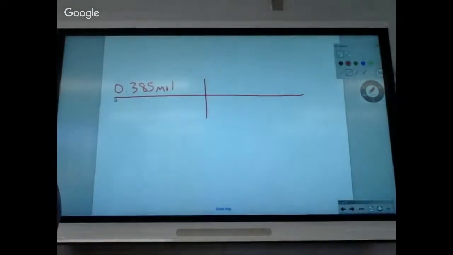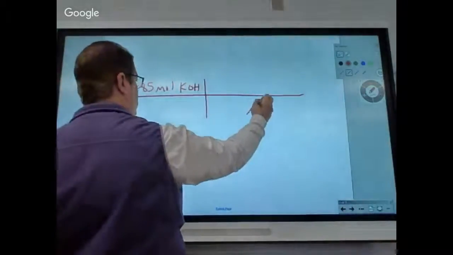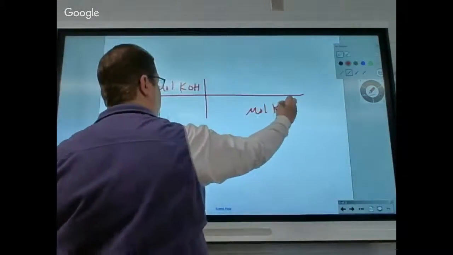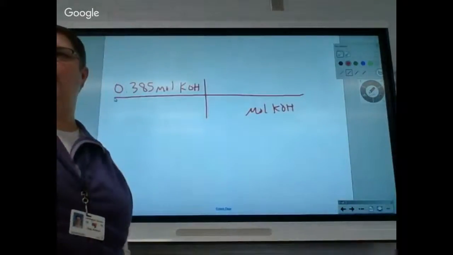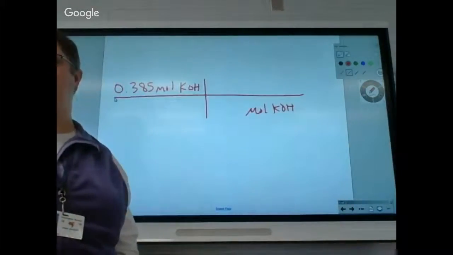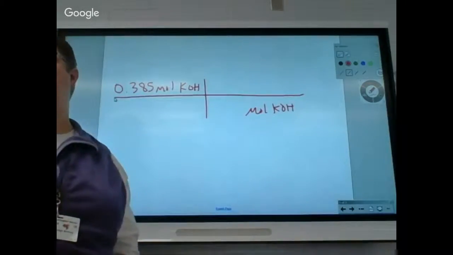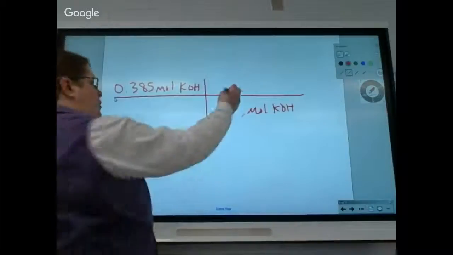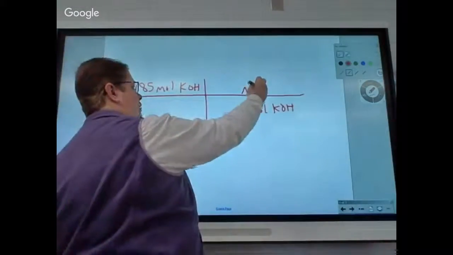And then KOH. All right, so we know moles of KOH is going on the bottom. All right, are we changing compounds? If they want how many moles of iron 3 hydroxide? Are we changing compounds if they want iron 3 hydroxide? Yes, so we're going to go to moles. Now, which of those compounds is iron 3 hydroxide?